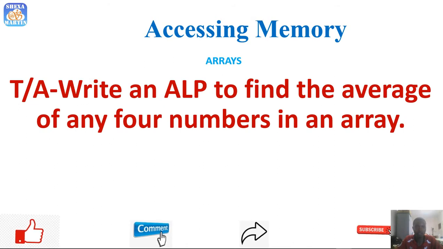Write in ALP, which stands for Assembly Language Program, to find the average of any 4 numbers in an array. So we have an array which has 4 values, and these values are supposed to be added. You're just calculating the sum, and then you divide the sum by the number of items in the array. That's a takeaway for you.